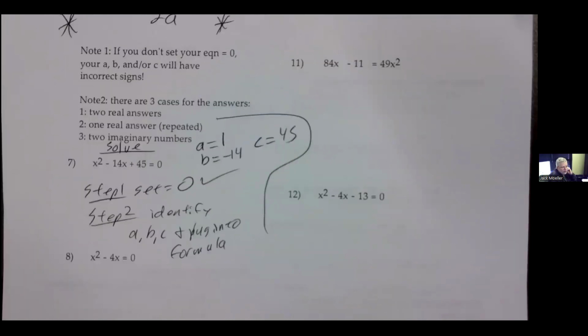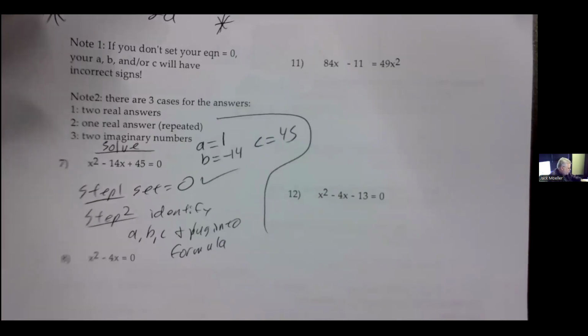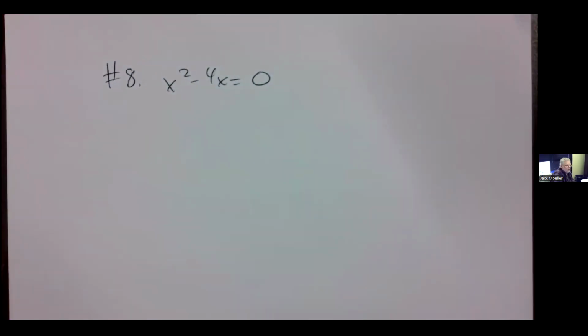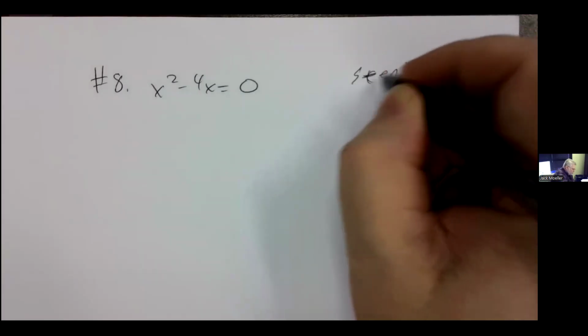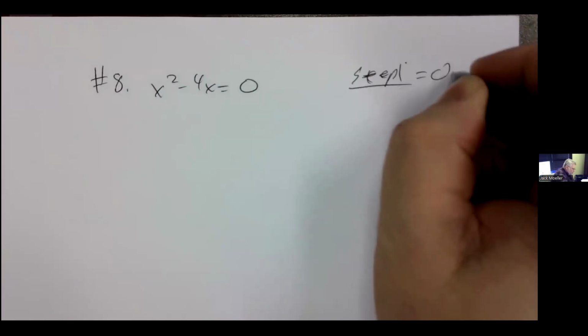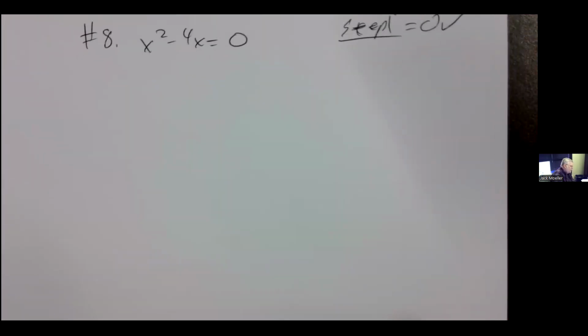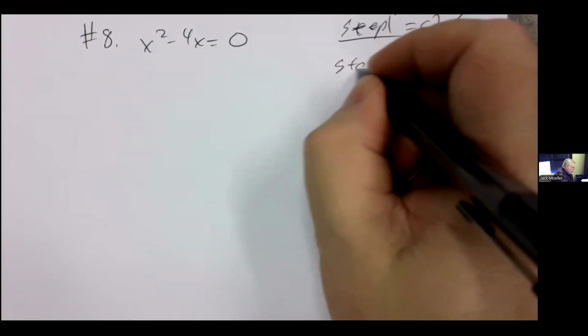So we were solving number 8, x squared minus 4x equals 0. Okay, so another one equal to 0. So step 1 is done. Now step 2: what is your A, your B, and your C?